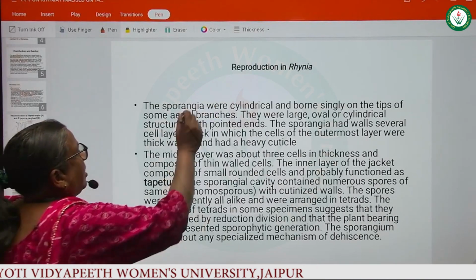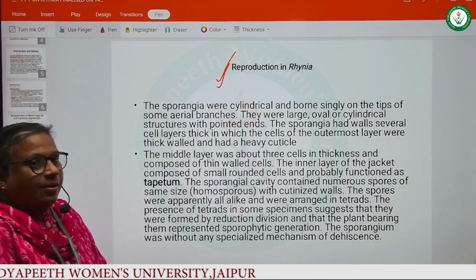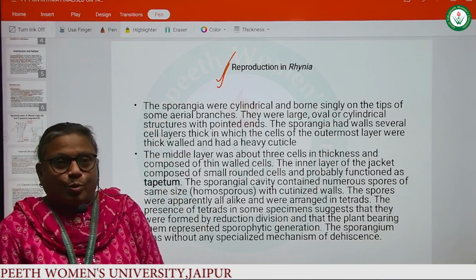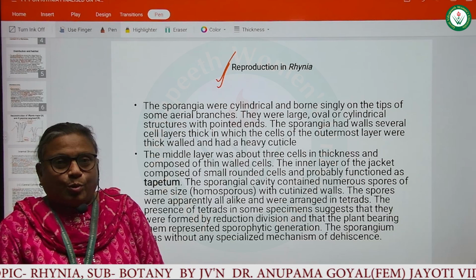Now I talk about the reproduction in Rhynia. The sporangia were cylindrical and borne singly on the tips of some aerial branches. Sporangia were large, oval or cylindrical structures with pointed ends.